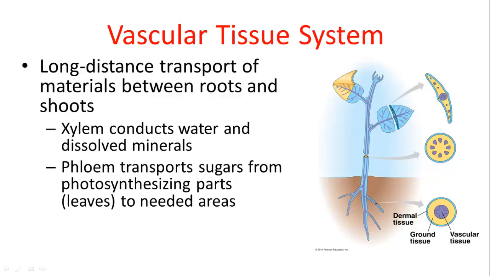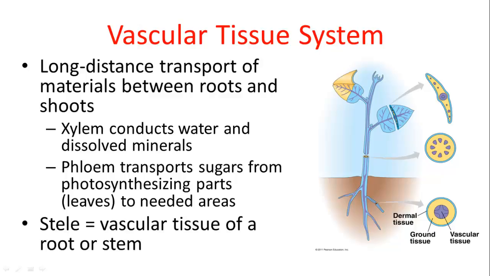But if they're in a seasonal habitat, in the winter time when photosynthesis is at a minimum, sugars may go from the storage areas, such as in the roots, up to different areas that need it. The stele then is the center ring of vascular tissue of a root or a stem.